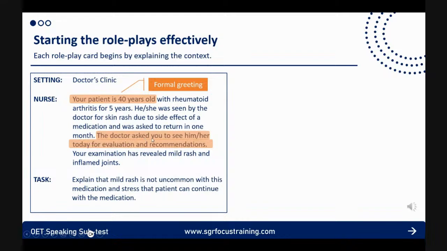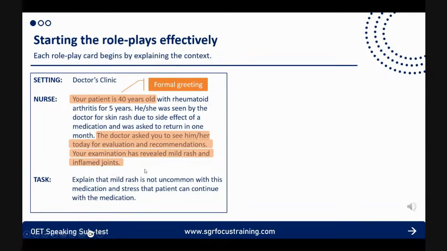The doctor asks you to see the patient, and it's mentioned in here that you have already examined the patient. And when you examined the patient, the rash is mild, but their joints are inflamed.